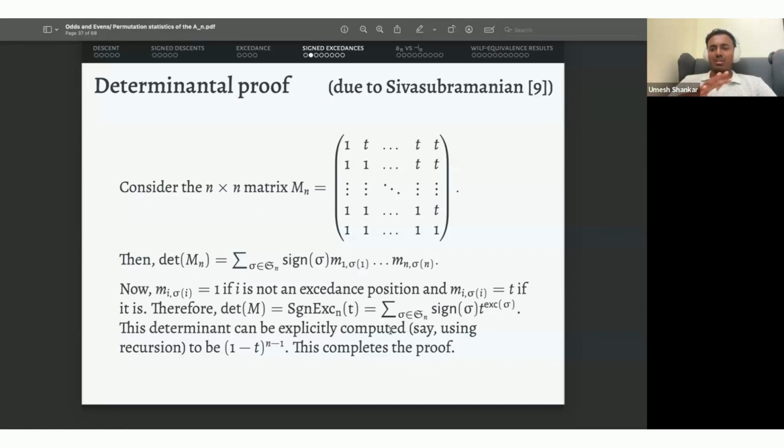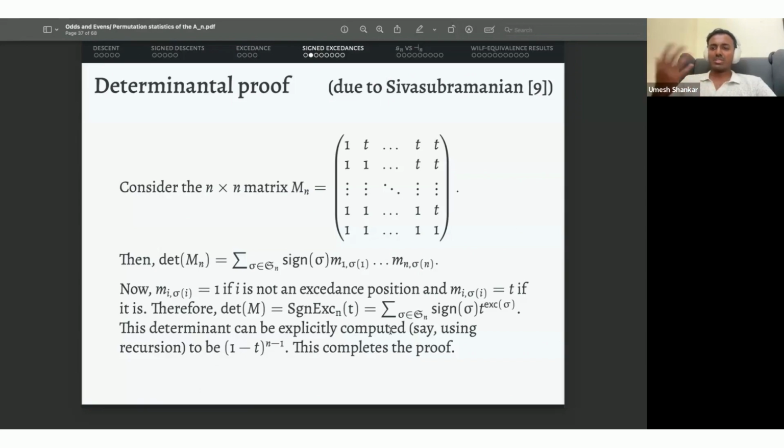He told me, can you give a satisfactory sign reversing involution that does this? He was also saying that (1 - t)^(n-1) relates to the symmetric group having n-1 generators. We also know that if you apply a generator like S_i to some permutation, it swaps the positions of i and i+1.